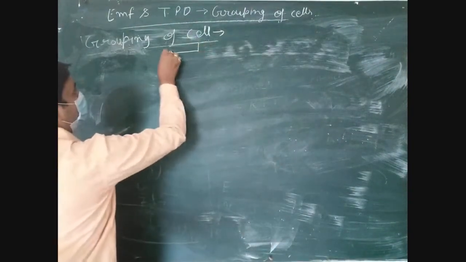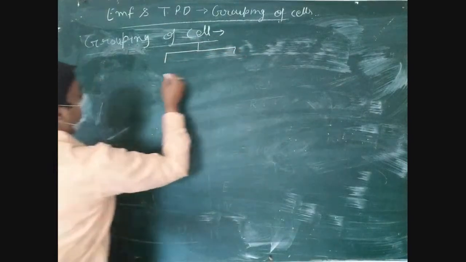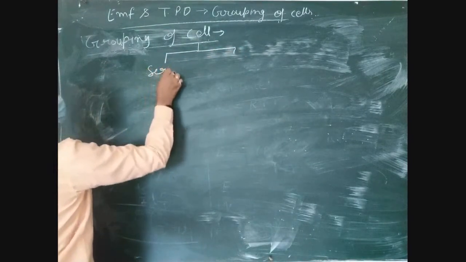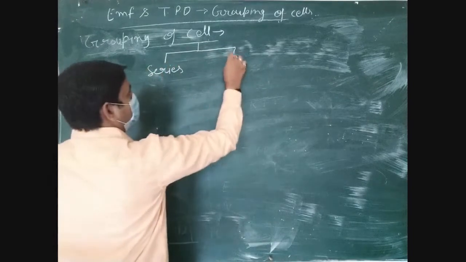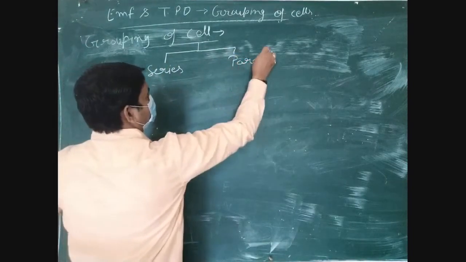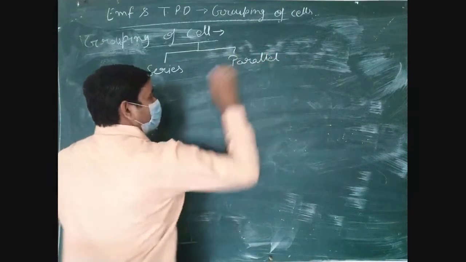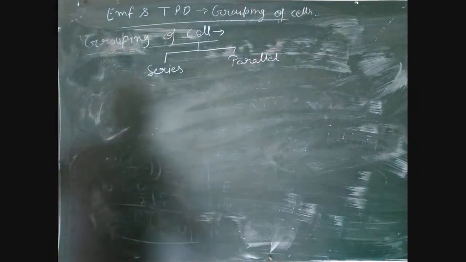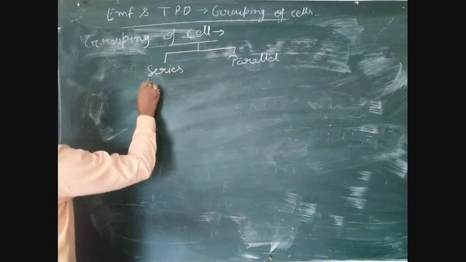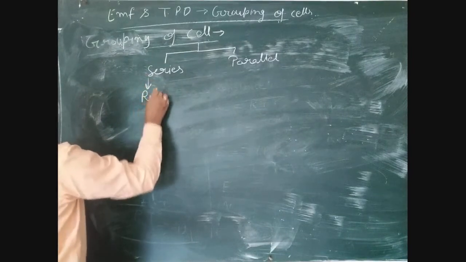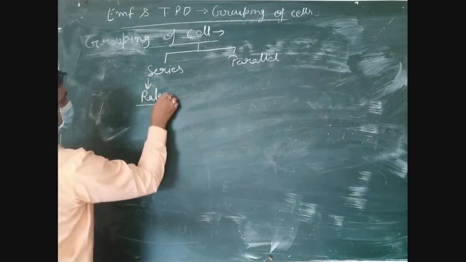Grouping of cells: students, we have two types of grouping, one is series and another is parallel. So first we understand the rules of grouping.